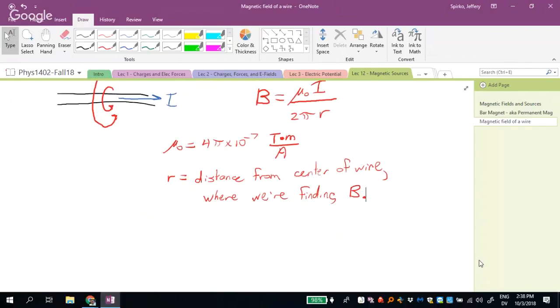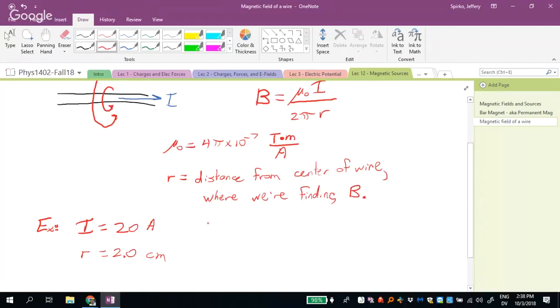So, do I have a sample calculation? I do. So, as an example, we could have I is equal to 20 amperes, and R is equal to 2.0 centimeters.